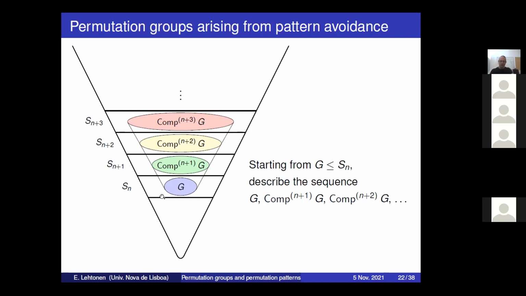If we can describe comp n+1 of G for every group, then we can apply the transitive property, and we get all the levels higher up using these results repeatedly.